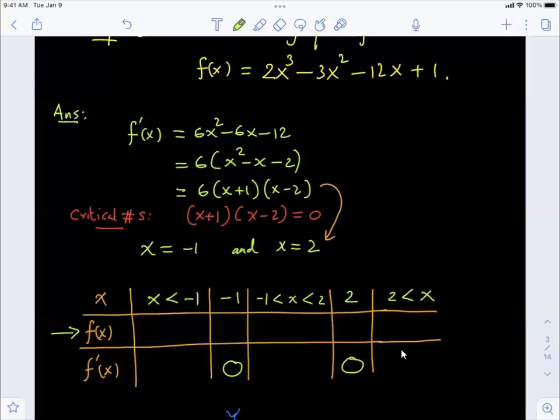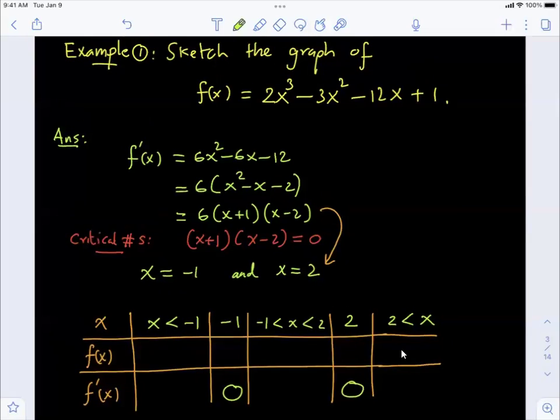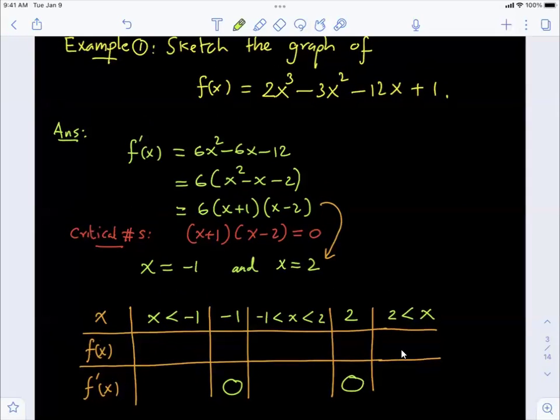Here we have the original function in the second row, and the third row is talking about the derivative of that function. So we cannot fill all of this information. Some of them will be missing no matter what. We will try to fill as much as possible so that it would guide the graph.